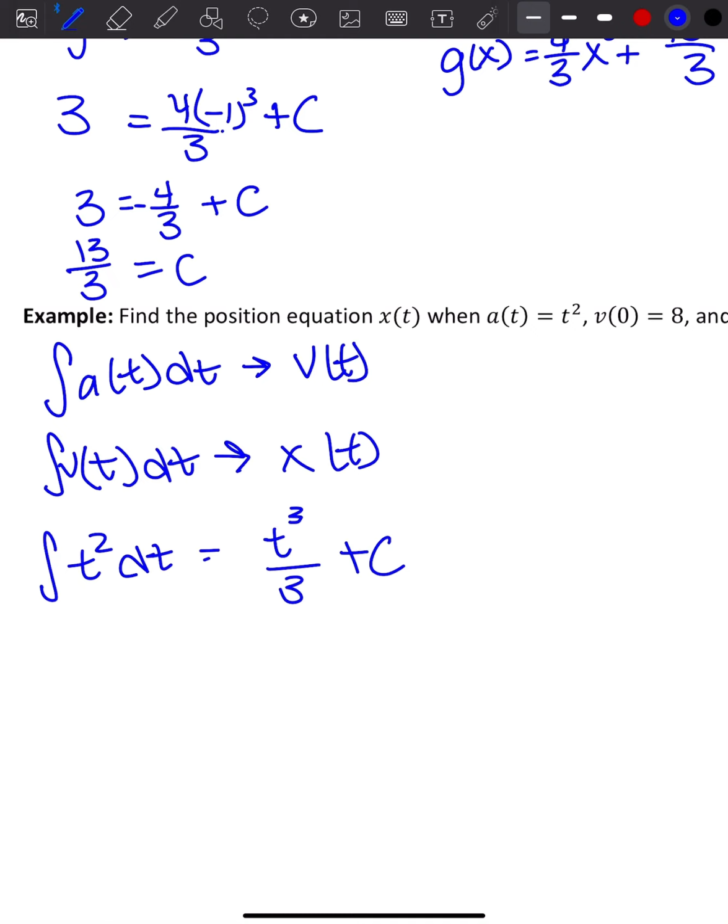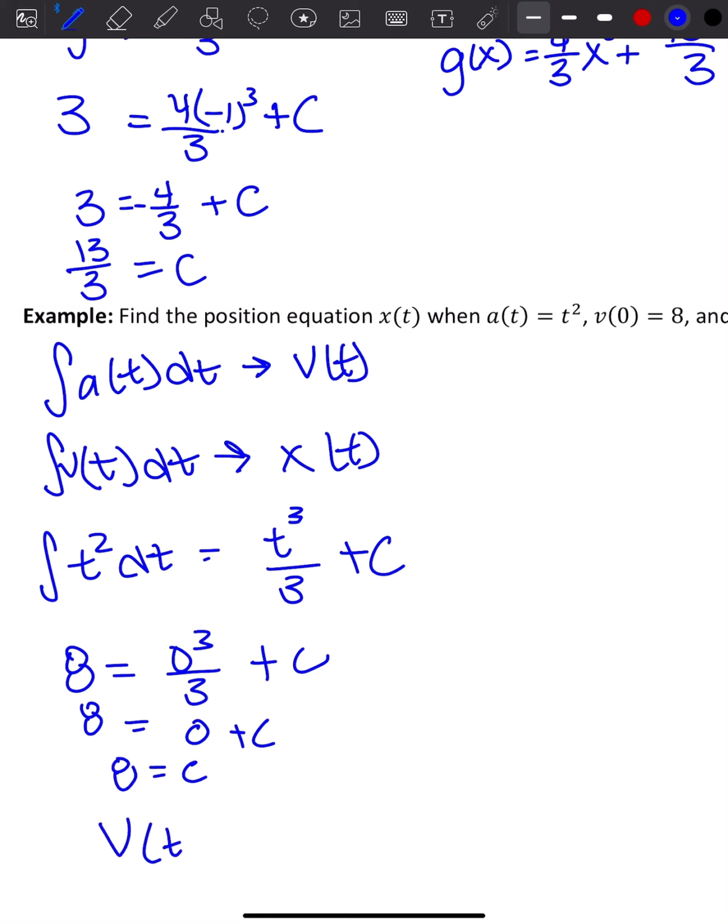We're going to go ahead and find that value. So we have v of 0 is equal to 8. So 8 is equal to 0 cubed over 3 plus c. This goes to 0. So c equals 8. So our v of t equation is t cubed over 3 plus 8.